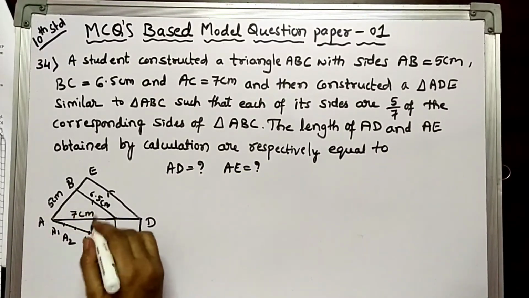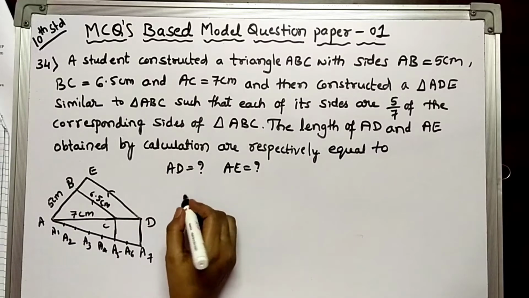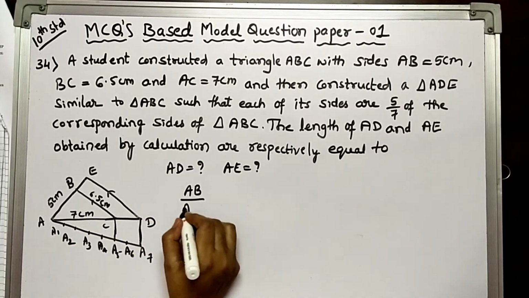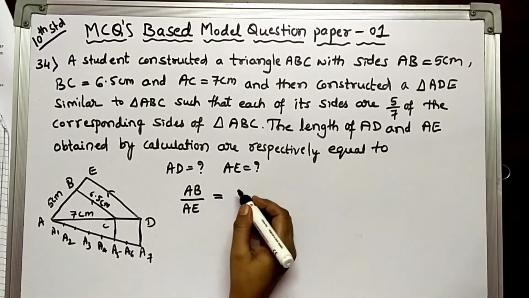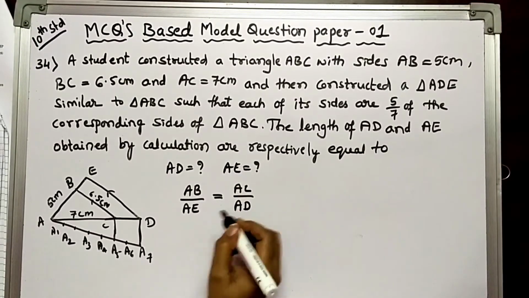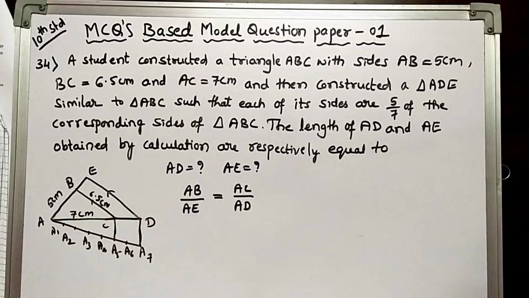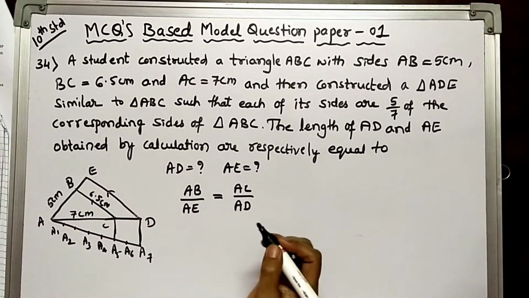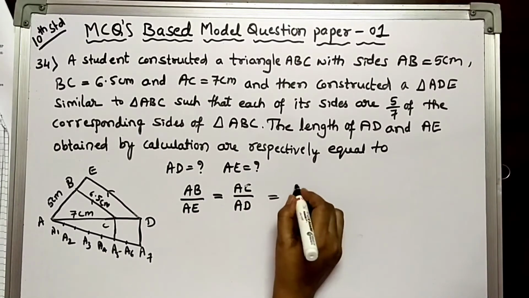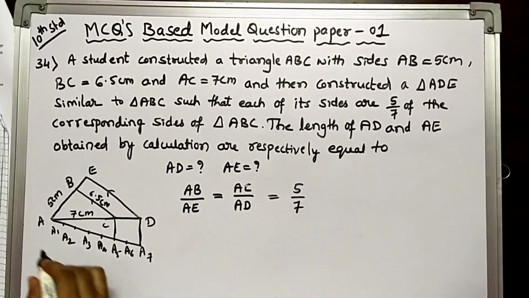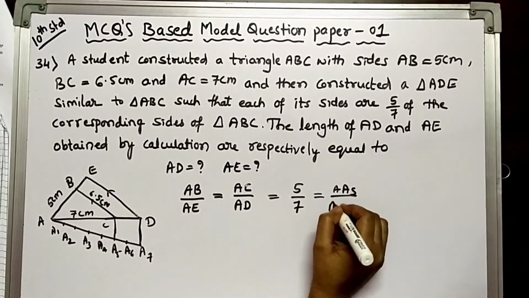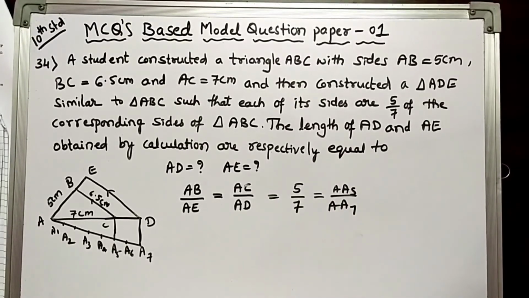Here ABC and ADE are similar triangles, no? So the ratio of sides AB by AE is equal to AC by AD, and the ratio they have given is 5 by 7.